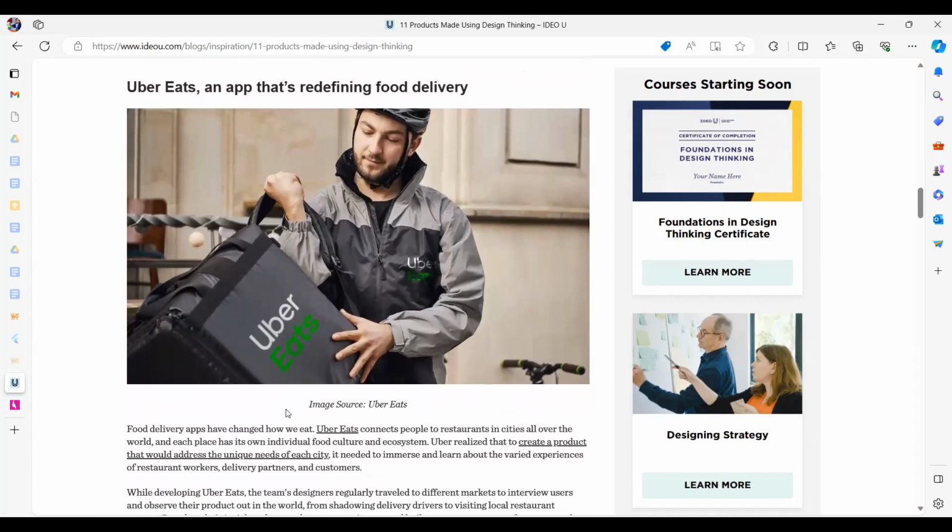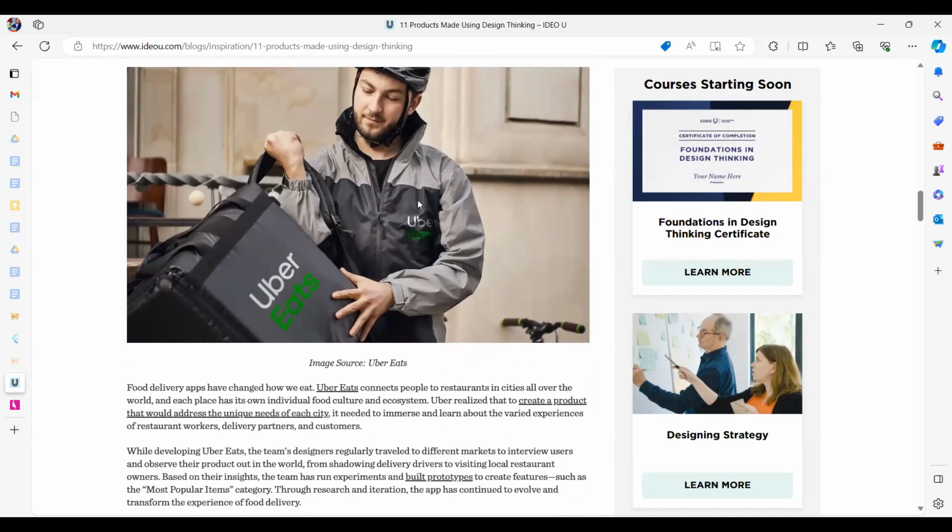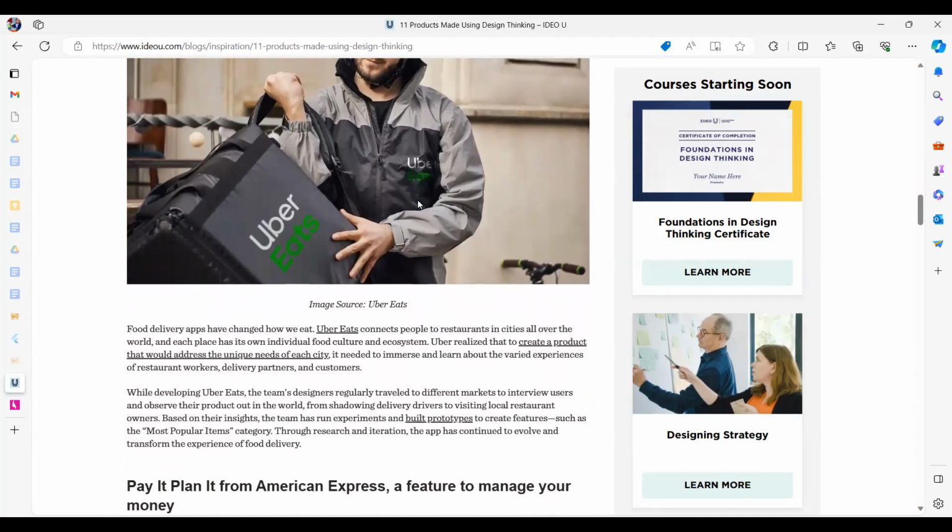Uber Eats. We all know about Uber Eats. Now that's a classic example where they came up with a solution. What was the problem they were facing? That's a very, very good example of how they solve the problem.